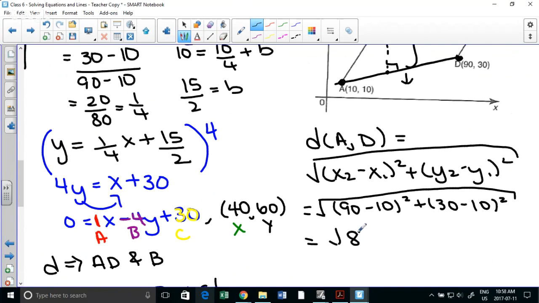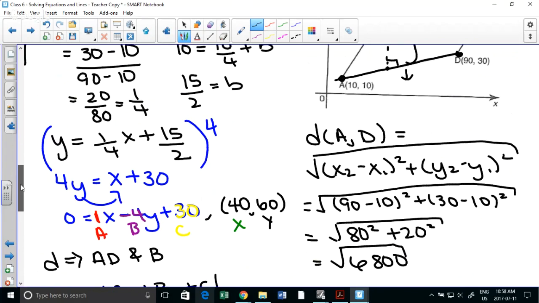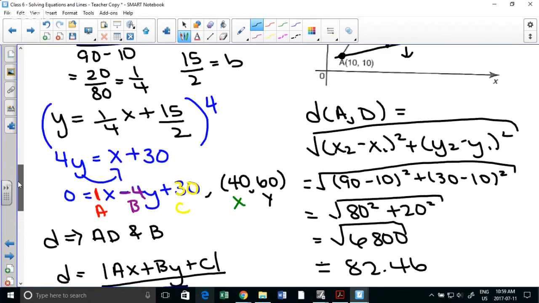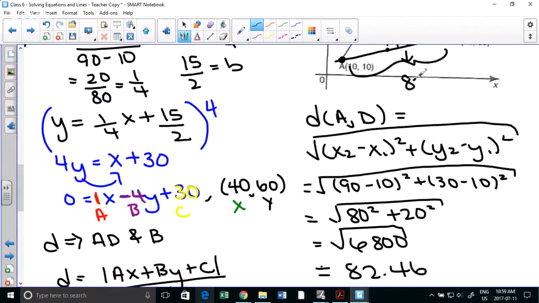So I get 80 squared plus 20 squared. So that gives me the root of 6,800. And if I square root it, I get 82.46. Meaning that this measure here is 82.46.